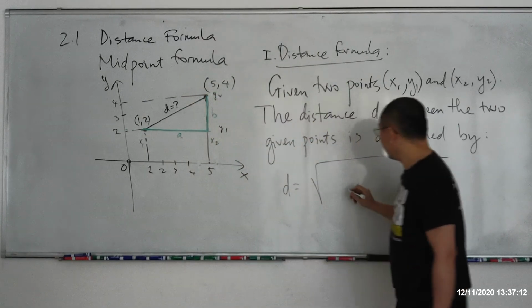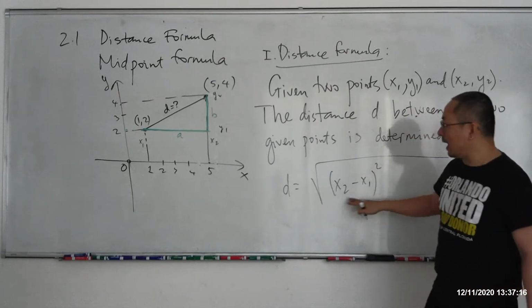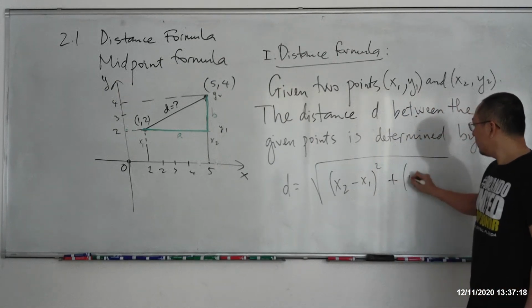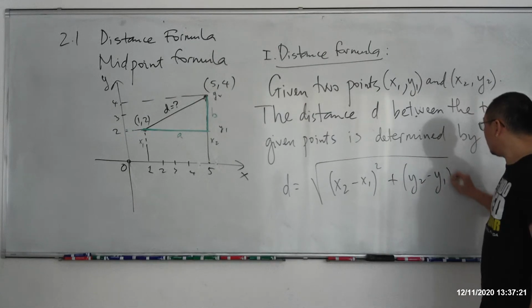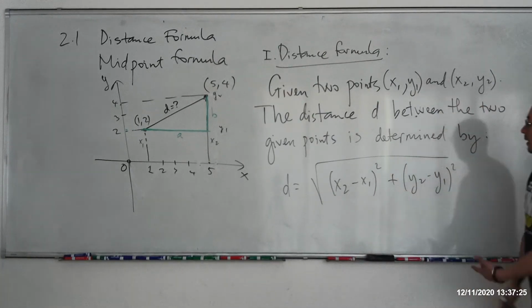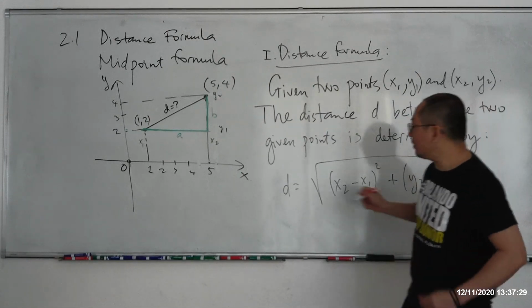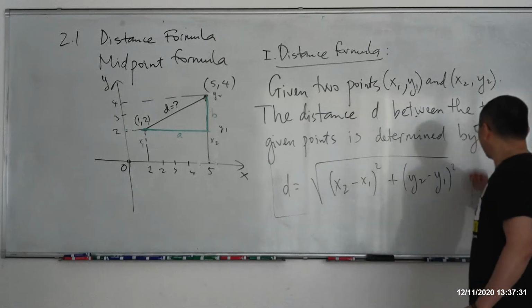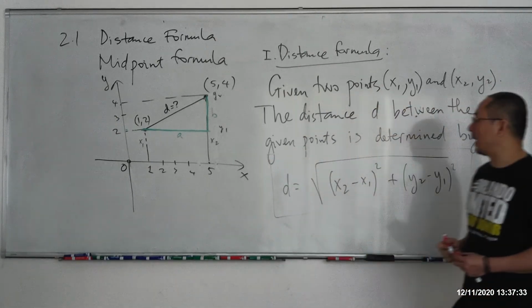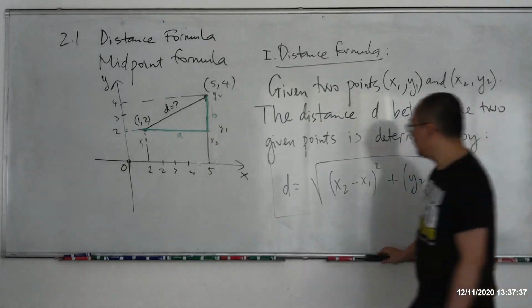So what? (x2 minus x1) squared, we're talking about a square right here, plus (y2 minus y1) squared, okay? And then you take the square root, right? This is the formula to calculate the distance between the 2 given points on the plane. And that is the first formula.